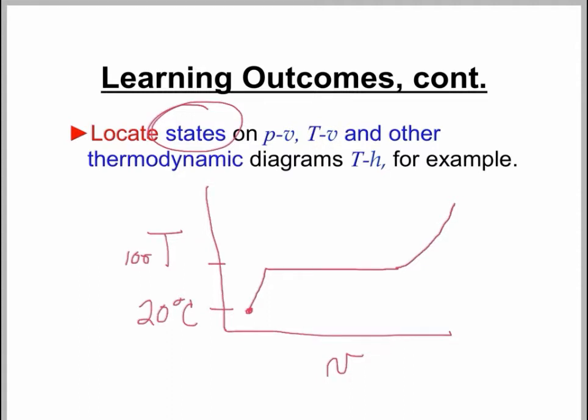What we want to do is to be able to say, for this specific volume at this temperature, what are the other state variables or state properties? What are the enthalpy, the entropy, the internal energy? Knowing each of these, we can begin to do an energy balance.